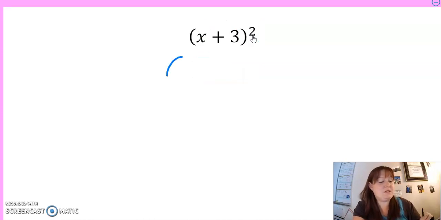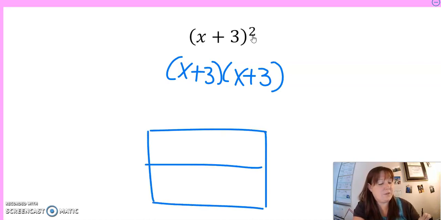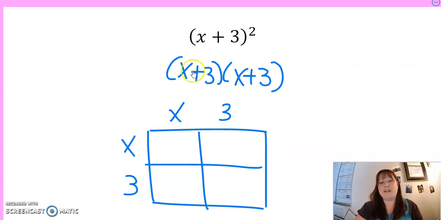What this really means is x plus 3 times x plus 3. Now we can use FOIL or the box method to see how to multiply those two together. Remember, we need to multiply the first x by everything on the other one, and then we need to multiply every term by every term. This x has to multiply by the x and the 3, and this 3 has to multiply by this x and the 3.